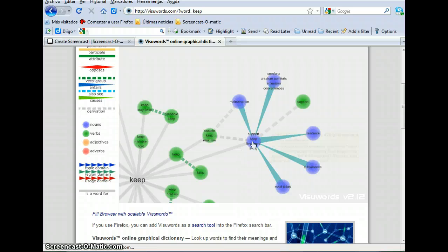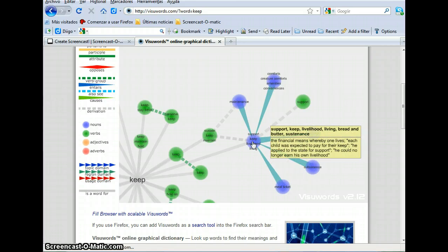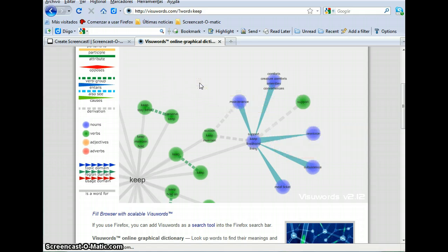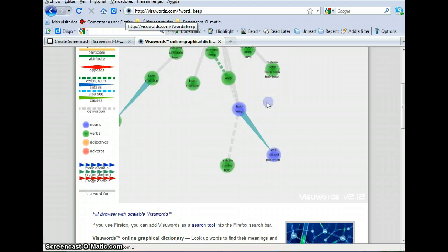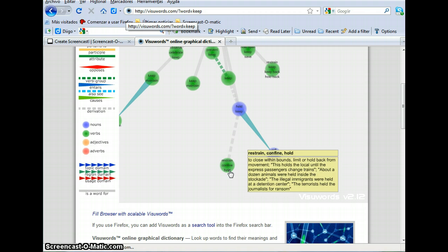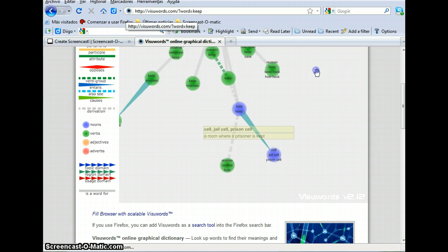Over here we have support, keep, livelihood, bread and butter, all referring to money, okay, in terms of keep. Of course, here we have, again, hold, relating to a jail cell, okay. This is blue, so this is a noun. And of course, related to a hold, we're going to restrain or confine someone in a hold.